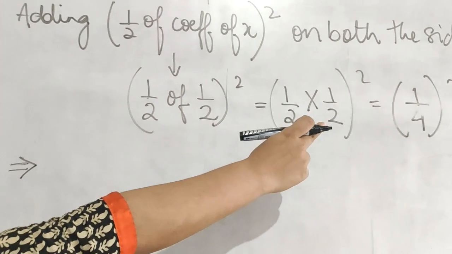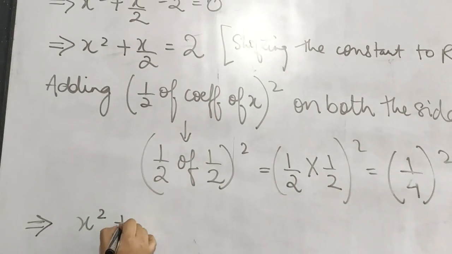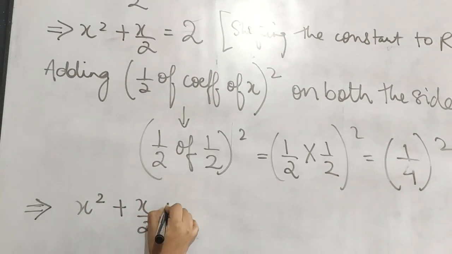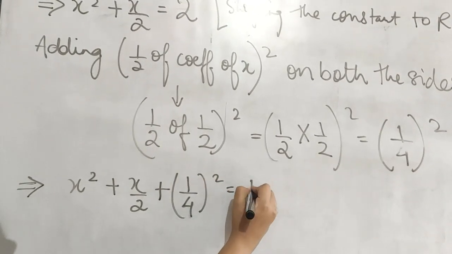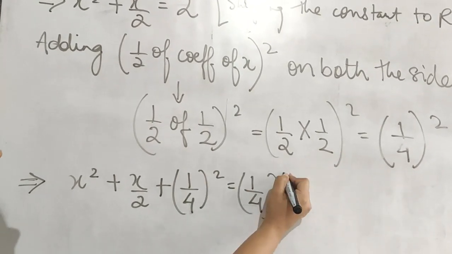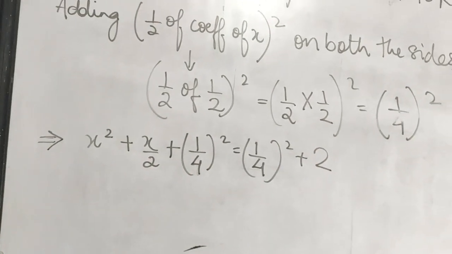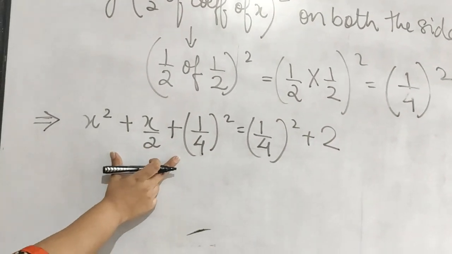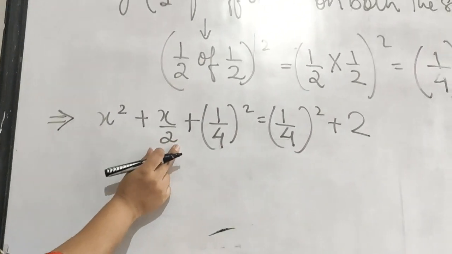Now adding 1 by 4 whole square on both the sides, you will get x square plus x by 2 plus 1 by 4 whole square equals 1 by 4 whole square plus 2. Now we have to get this in the form of a plus b whole square. We have a square, we have b square. How do we get this?